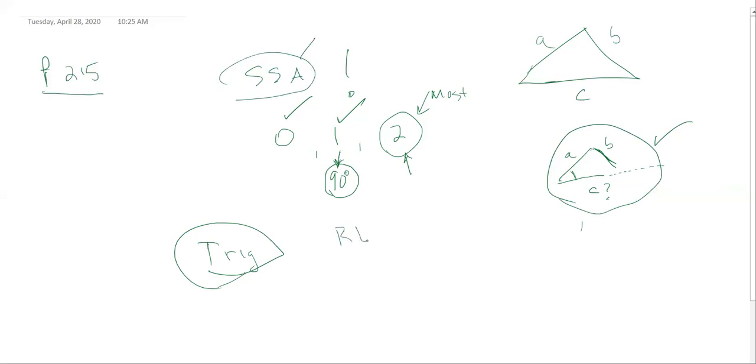The right triangle trig, that's most important. And then working with angles, whatever form they might be in, radians, degrees, whatever. Being comfortable with finding angles, plotting angles, finding coterminal angles, etc.